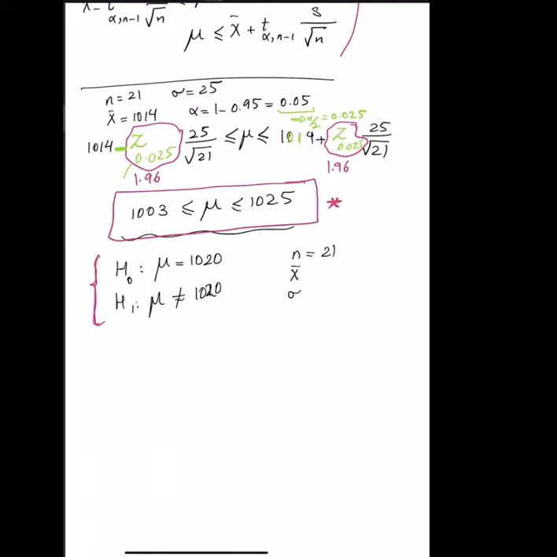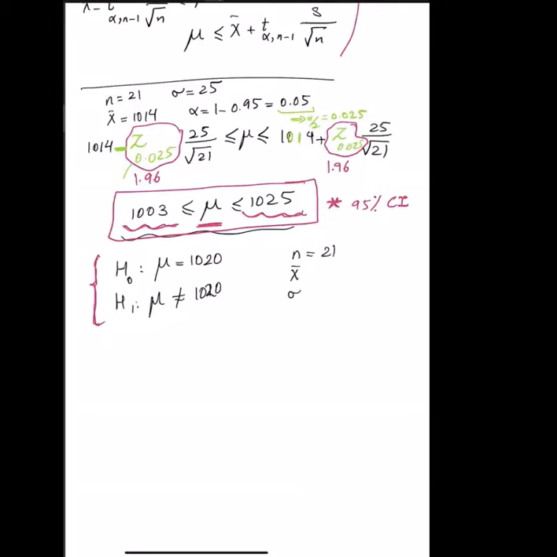So this confidence interval is a 95% confidence interval. And what does that mean? That means I'm 95% confident that this unknown average of the population falls somewhere in this interval. I don't know the exact value, but I know it's between 1003 and 1025, and I'm 95% confident about that.